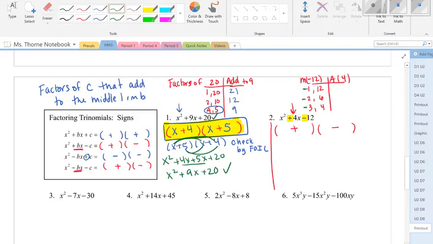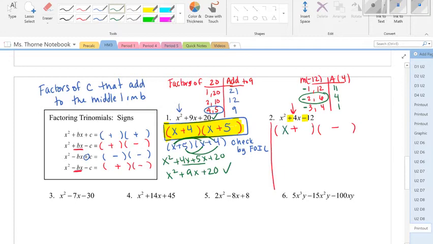So 12, if I subtract 1, or negative 1 plus 12, same thing, that gives me 11, so that doesn't work. 6 minus 2, or negative 2 plus 6, would give me 4, so I know that's my answer, but let's just keep going. Negative 3 and 4, if I add those together, I get 1. So that tells us that these are my factors.